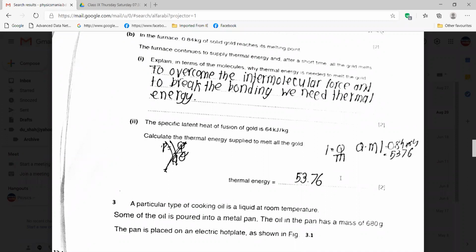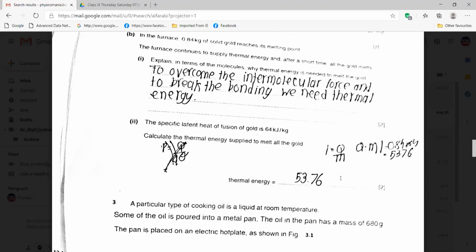Your answer you got 53.76. How did you get it? You multiplied 64 into 0.84 kg.